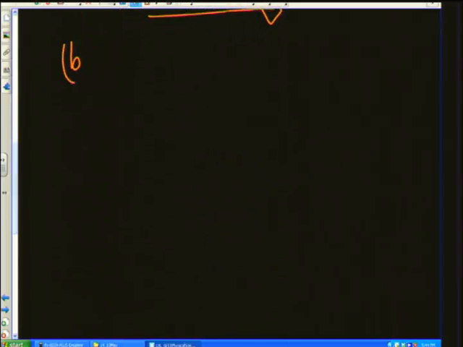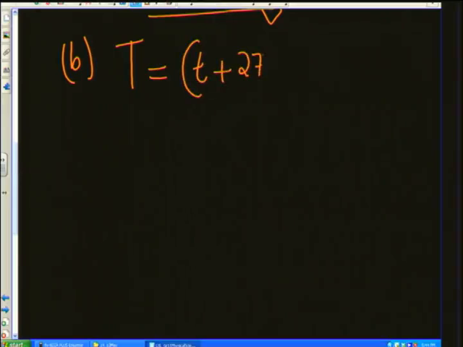The second one is 0 degrees. For part B, we're converting 0 degrees Celsius into Kelvin. Capital T will be equal to small letter t plus 273. This should be easy to do.